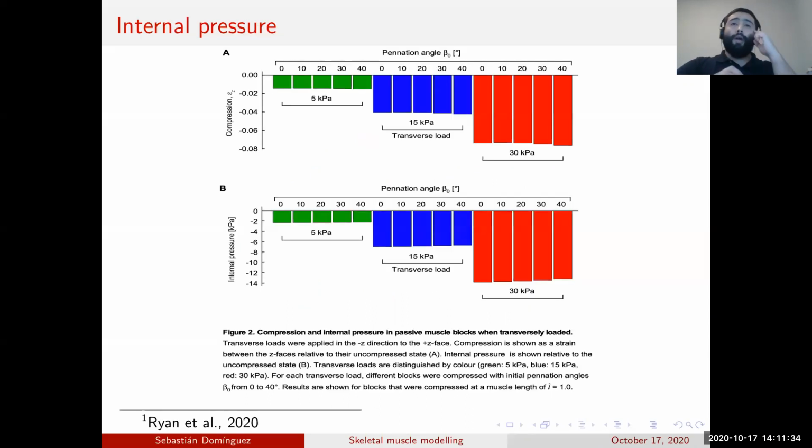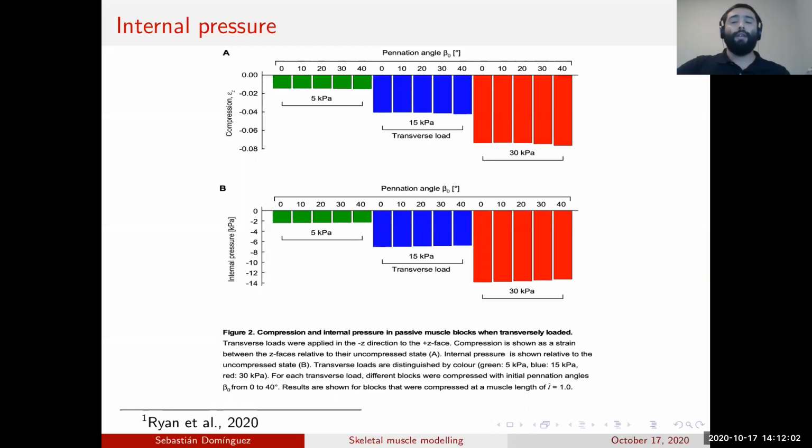In a second paper, we wanted to study how the system inside behaves when you compress it. Actually, David Ryan, in a paper in 2019, tested human muscle in alive people, of course, and compressed it.